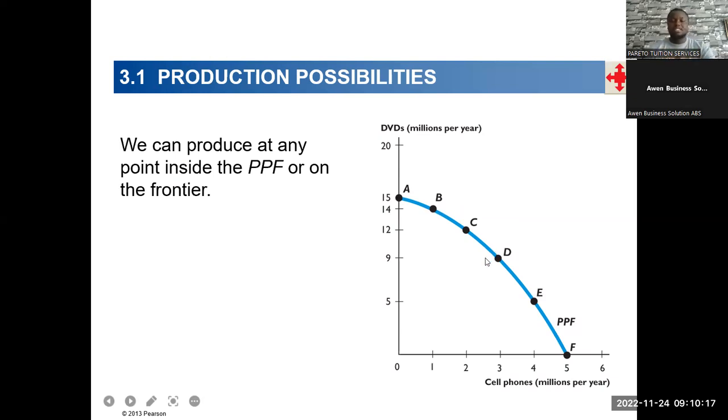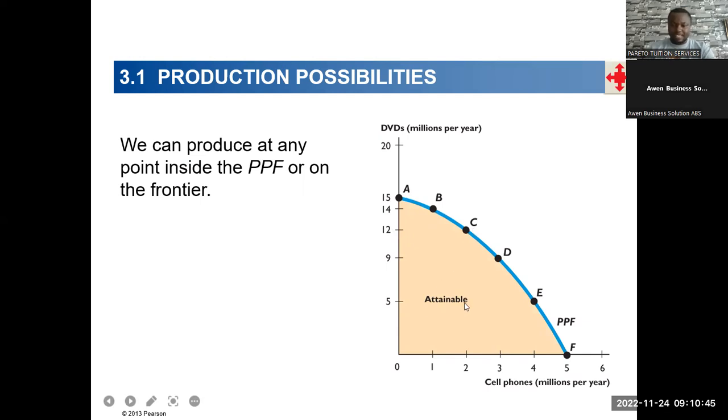All the points on it, they are all what? Attainable. Any point on the PPF or within the PPF is an attainable combination. So if we look at this whole side here, the shaded area, gives us the attainable combinations. If you take something like C, for C, we have 2 units of cell phones and then 12 of what? DVDs, right?